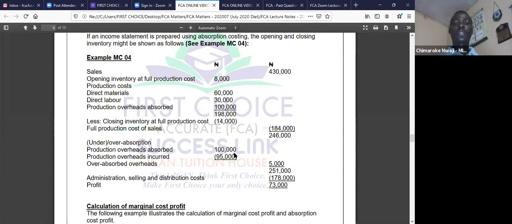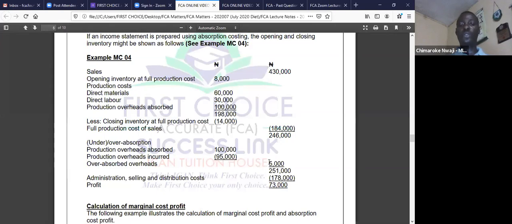Now, that will mean that when you less this 95,000 from 100,000, you have a balance of 5,000 naira. This 5,000 naira is over absorbed. So we told you over absorption is a positive number whereby your expected is higher than the actuals.